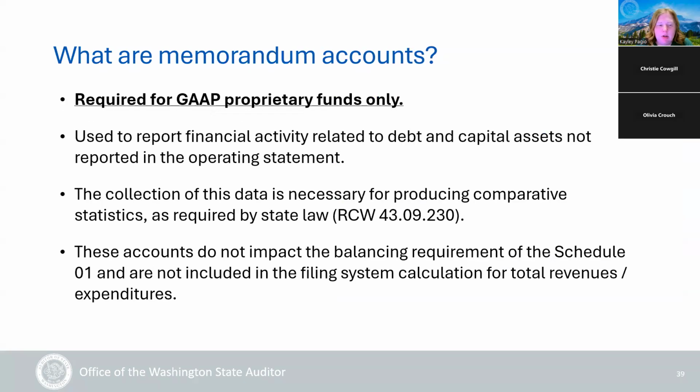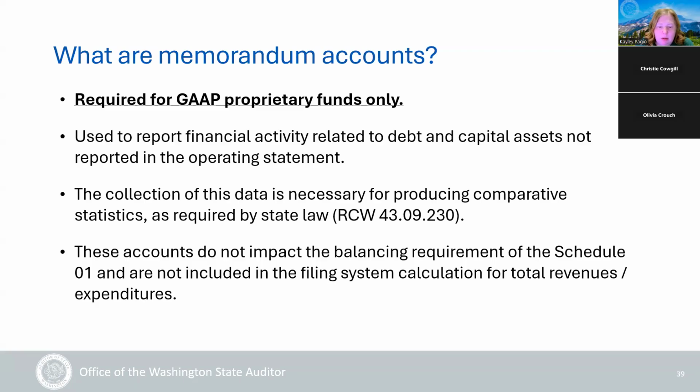Now we're switching gears a little and we're going to talk about memorandum accounts, which are only applicable to GAAP proprietary funds. These accounts are used to report financial activity related to debt and capital assets, which are not reported in the operating statement but provide valuable information. The collection of this data is necessary for producing comparative statistics, which, as I mentioned, our office is required to do.